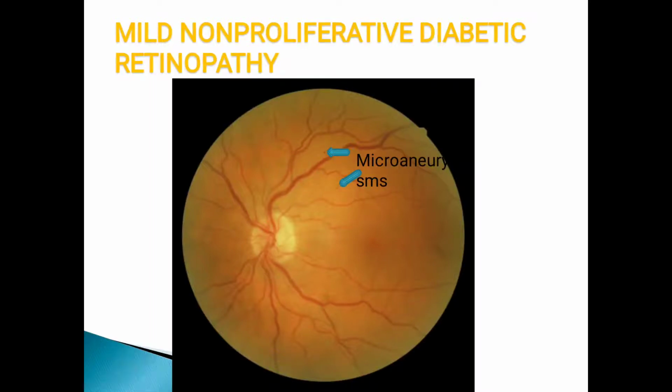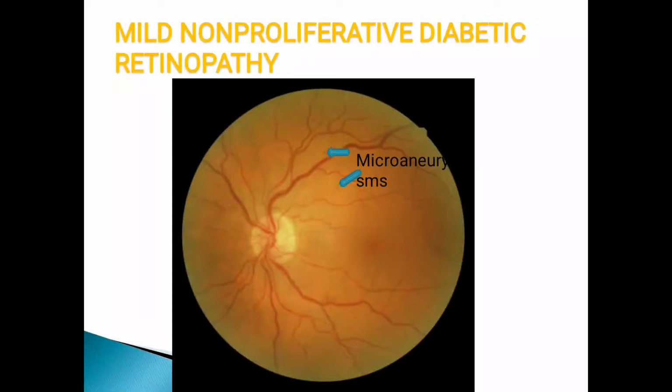We have seen in the previous slides that the capillary pericytes are damaged and the architecture of small blood vessels gets affected. So there may be outpouching of the vessel wall leading to microaneurysms, and that is the beginning of diabetic retinopathy. How do you detect microaneurysms on fundus examination?